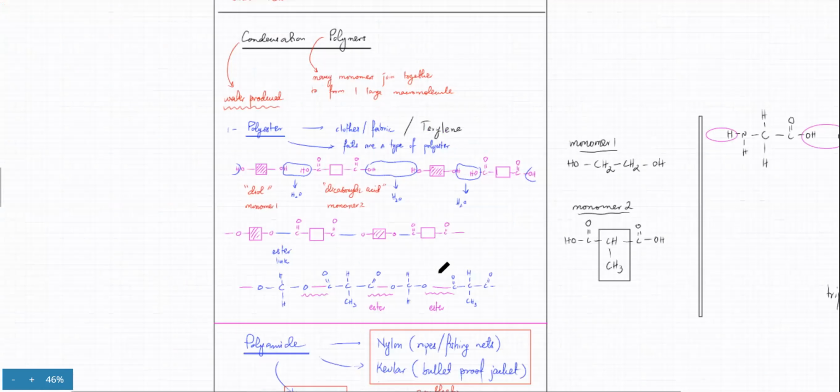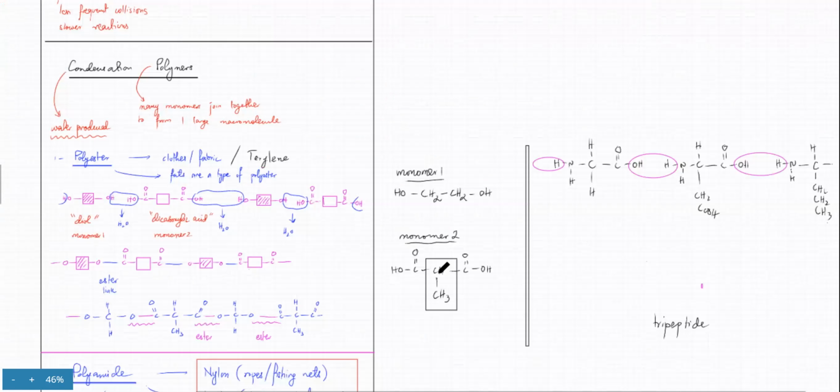So lots of polyester molecules are going to be produced if you have alcohol and carboxylic acid.